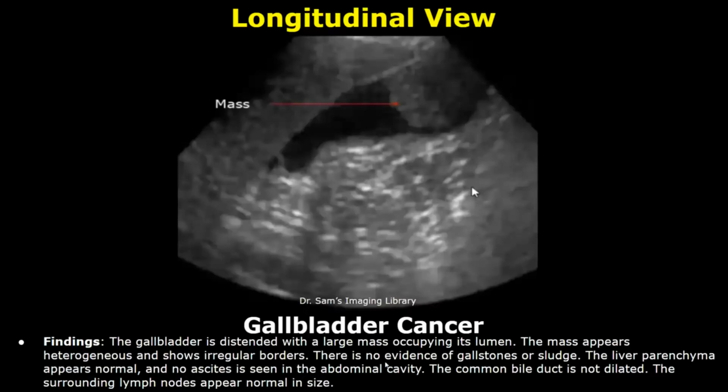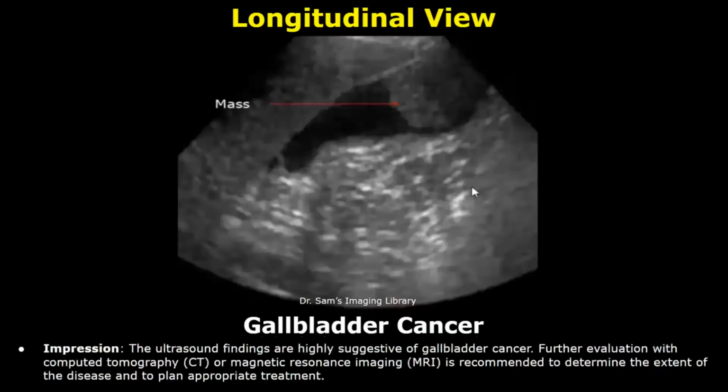And then you can write about gallstones or sludge. In the impression, you can write the findings are highly suggestive of gallbladder cancer, and further evaluation with CT or MRI is recommended. You can write these statements in the impression.